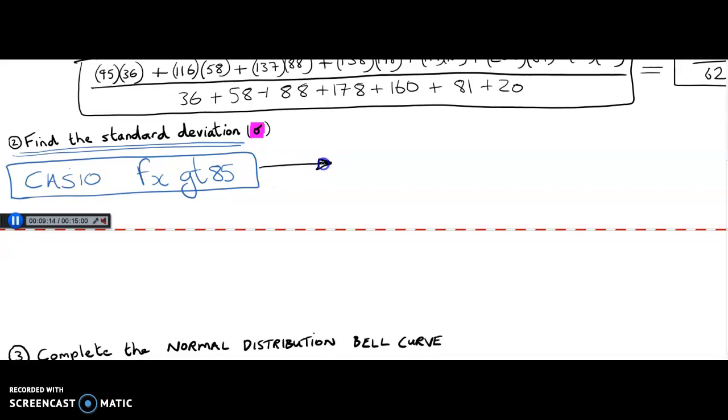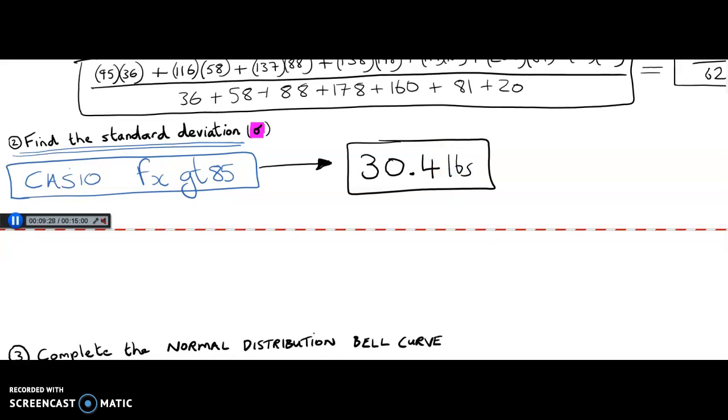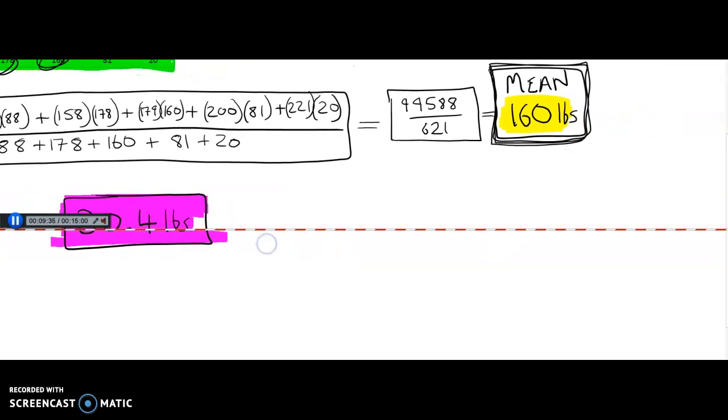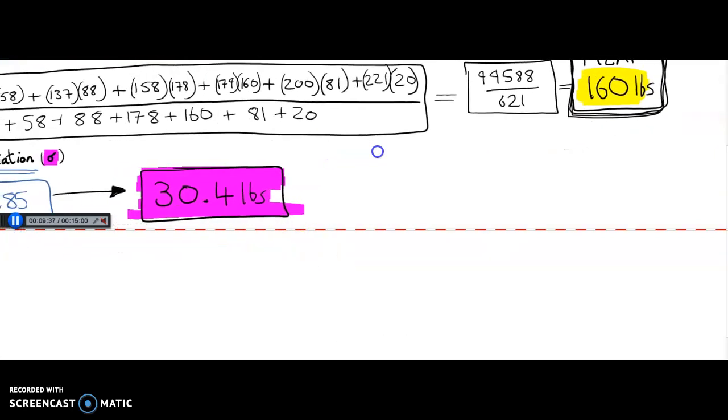So if you're not sure about that, you can look at the video. But when I type in all those buttons, I get a standard deviation of 30.4. Okay, 30.4 pounds. So here's my standard deviation, 30.4, and here's my mean, 160.